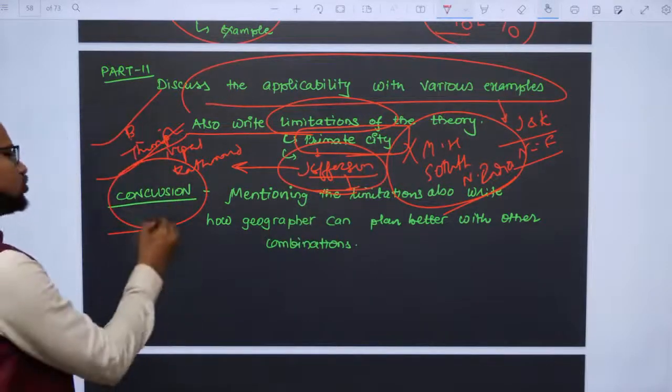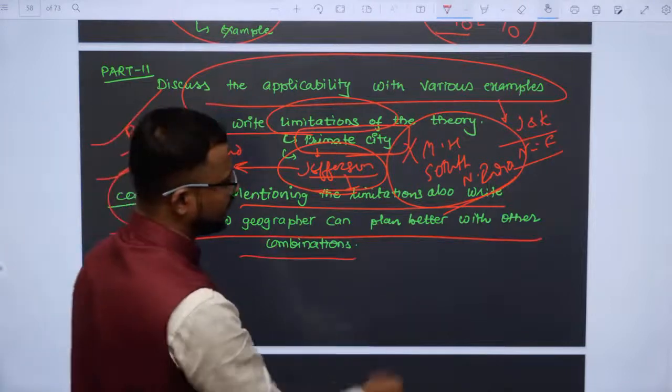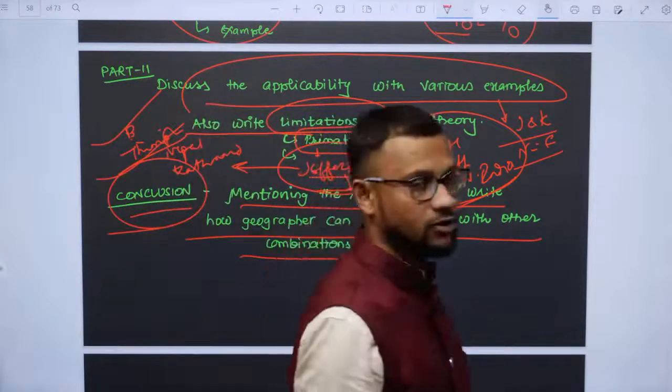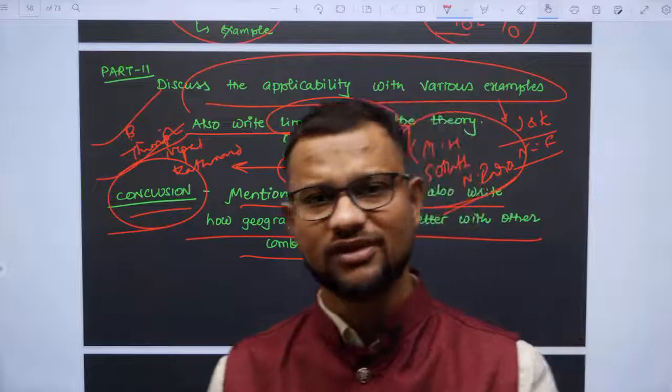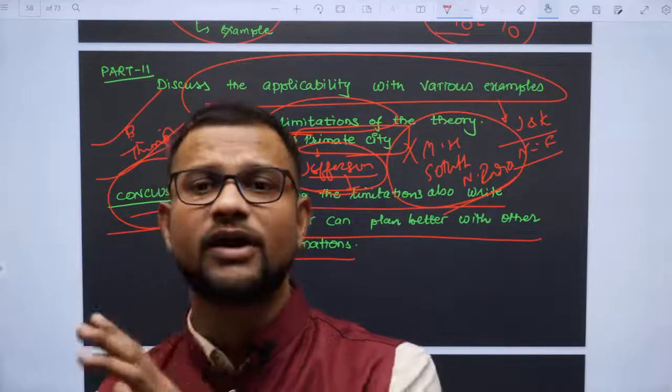Then in the conclusion, mention the limitations and also write how a geographer can plan better with the help of this combination. Combination means Zipf's rank size rule model, the primate city concept and urban development as such.